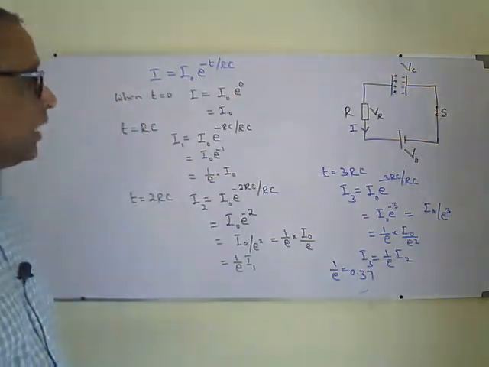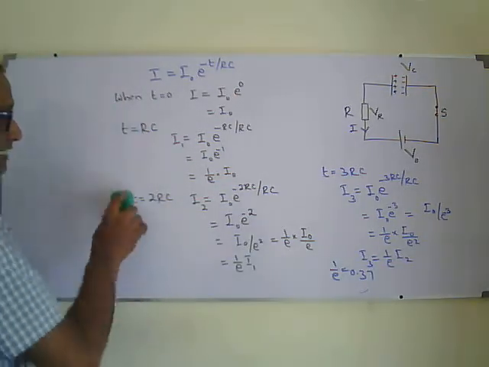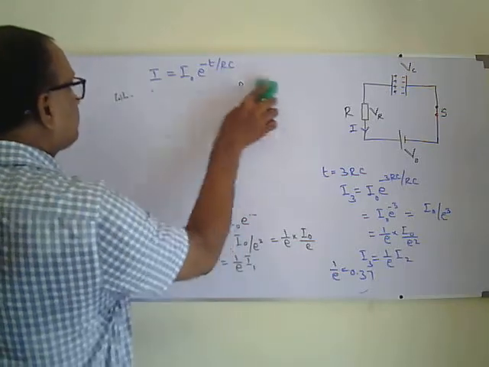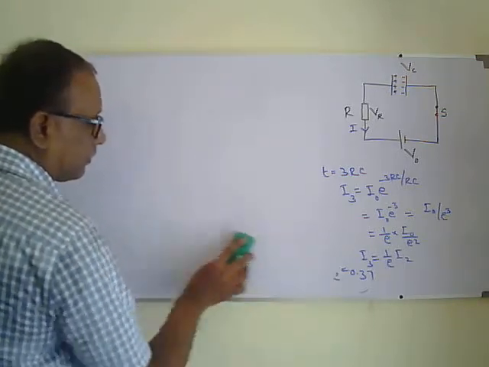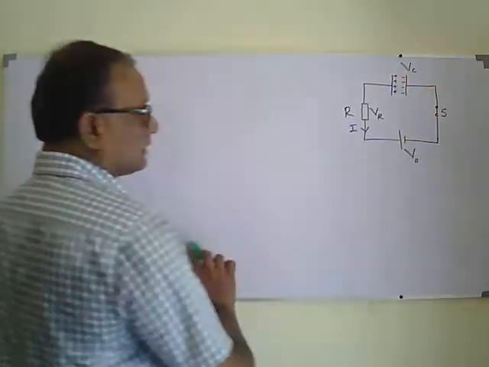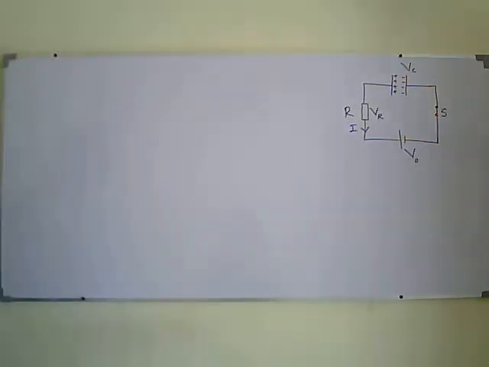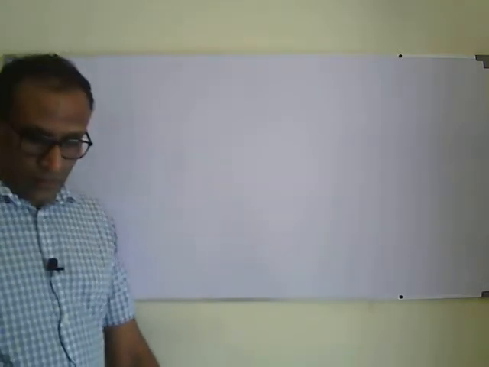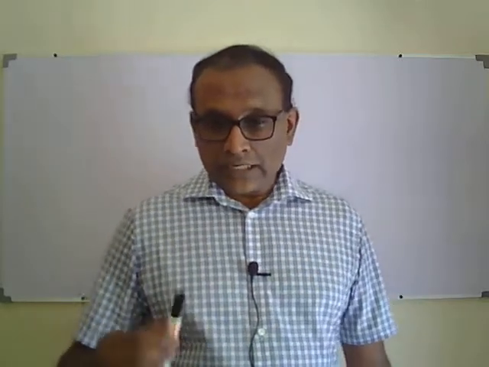Right, so next we are going to analyze how the voltage across the capacitor varies during the charging process. We know that current decreases exponentially.